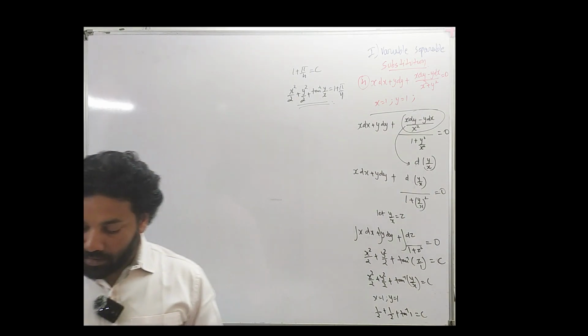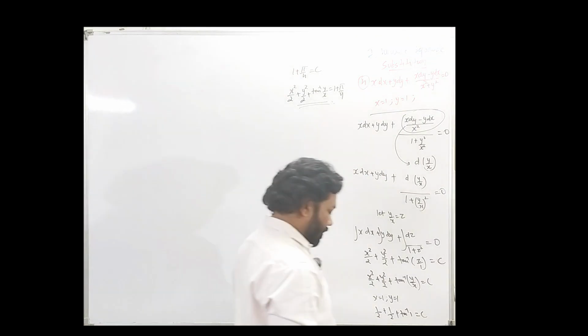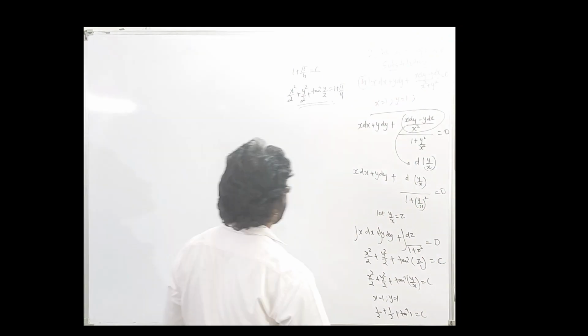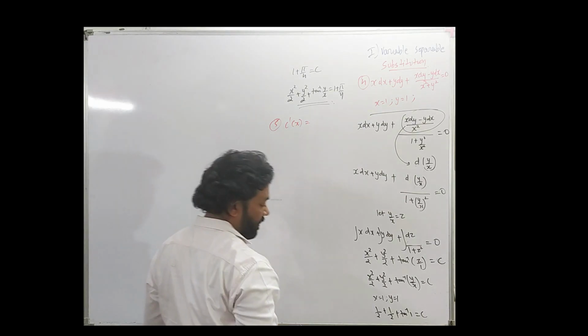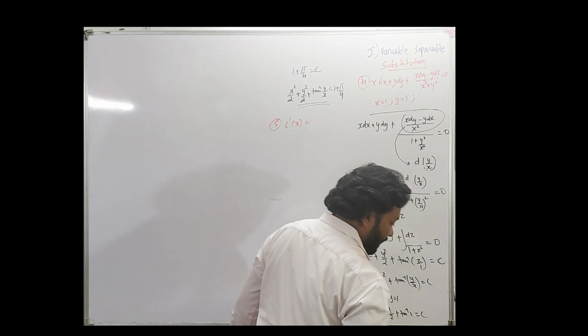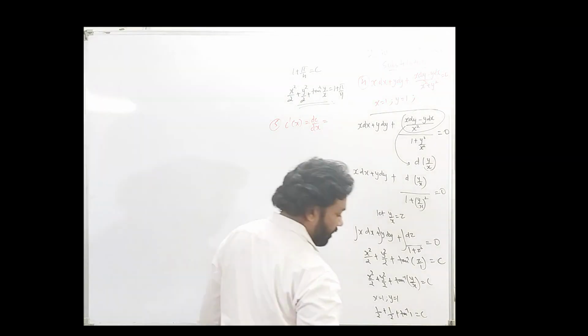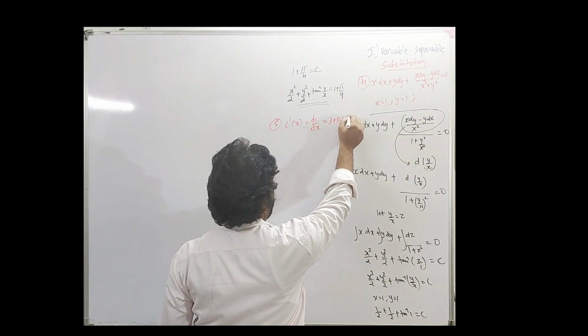Then next let us take a word problem. It is given that the marginal cost of manufacturing a certain article is given by C dash of x, that is C dash of x, it represents dC by dx, which is given as 3 plus 0.25x.